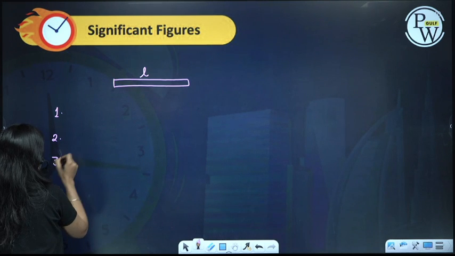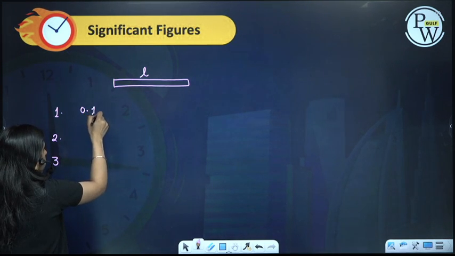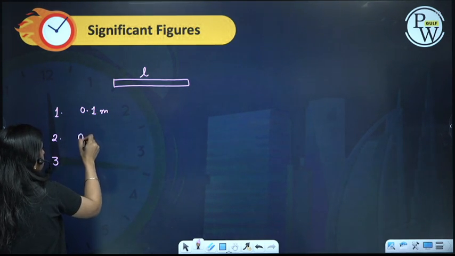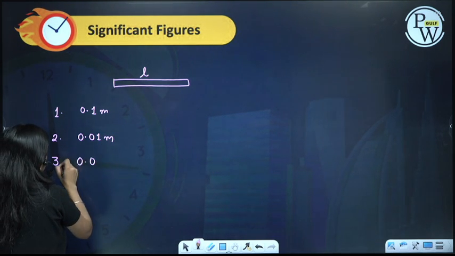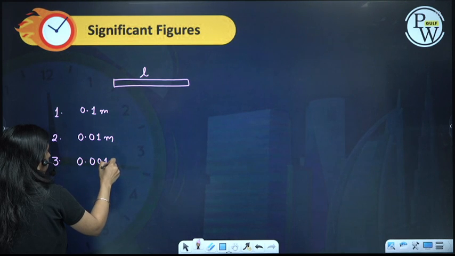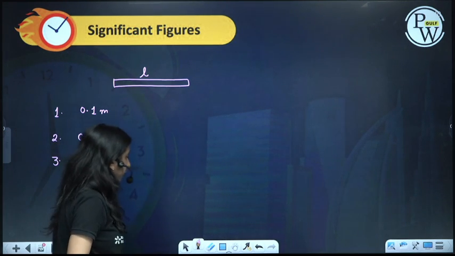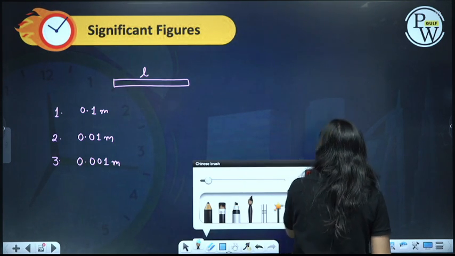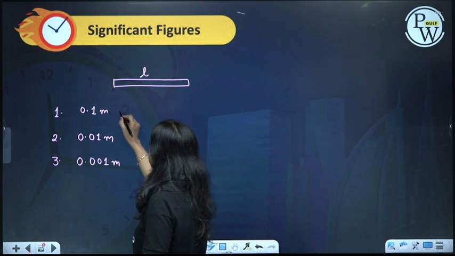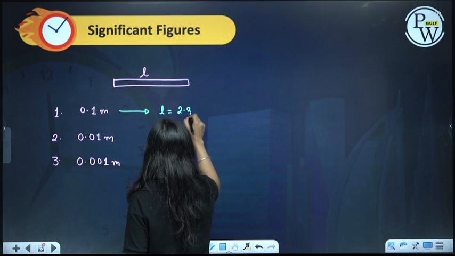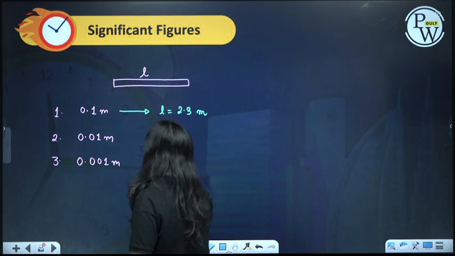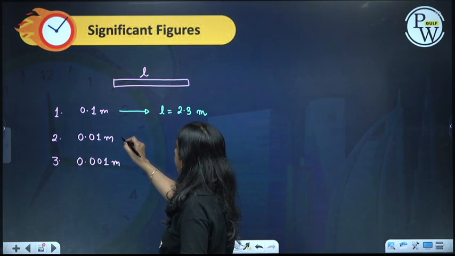One scale has a least count of 0.1 meter, another has a least count of 0.01 meter, and the third has a least count of 0.001 meter. When I measured the length using the first scale, I got length is equal to 2.3 meters.